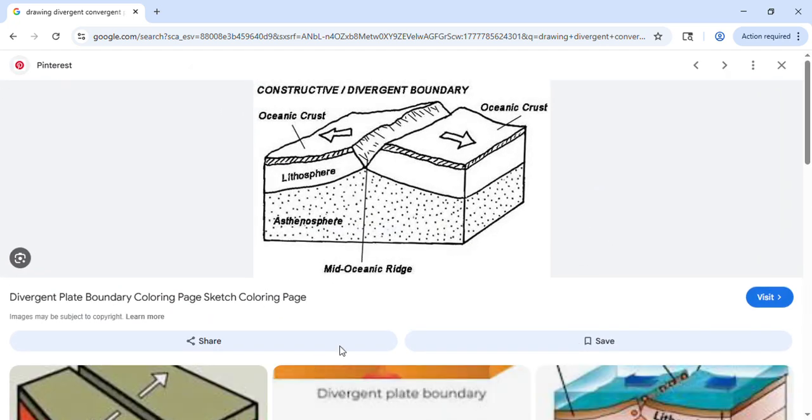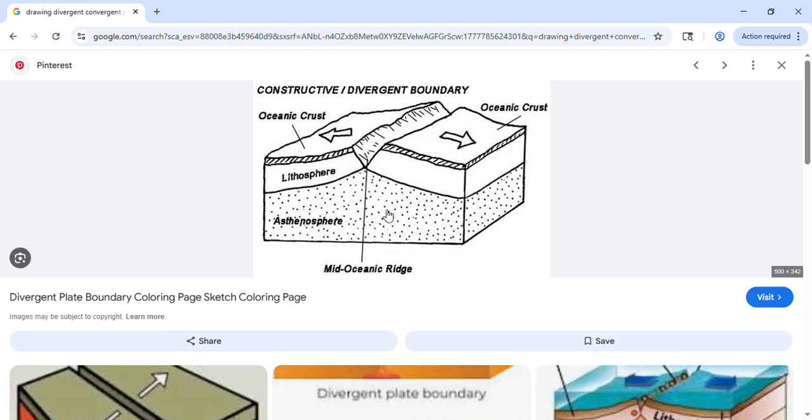Arthur Holmes proposed that thermal convection in the mantle, driven by radioactive heat, acts as the engine that moves the plates. This is the region of the asthenosphere with convection cells. These are the plates, and they move due to the convection cells created in this region.